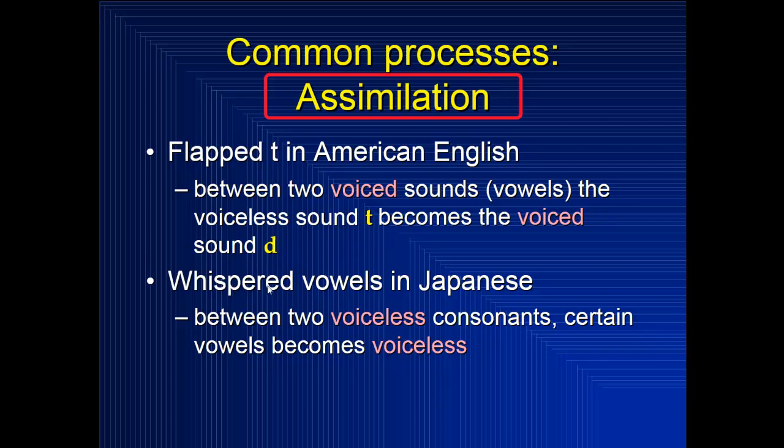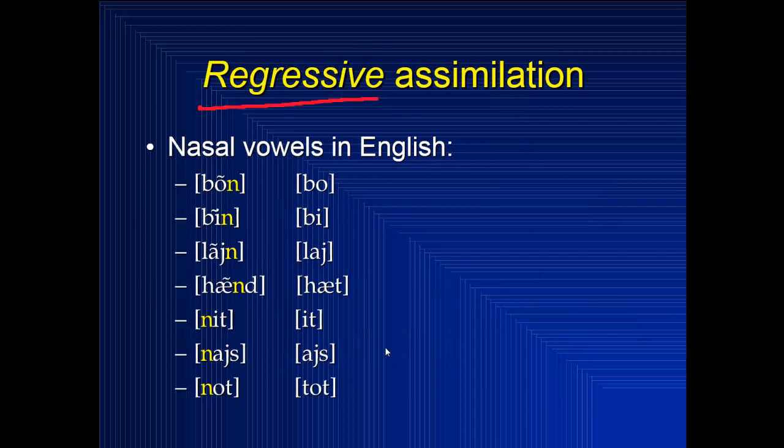We can also talk about whispered vowels in Japanese. This is another example, especially between two voiceless consonants. When a vowel is placed between two voiceless consonants, it becomes whispered. So certain vowels become voiceless.